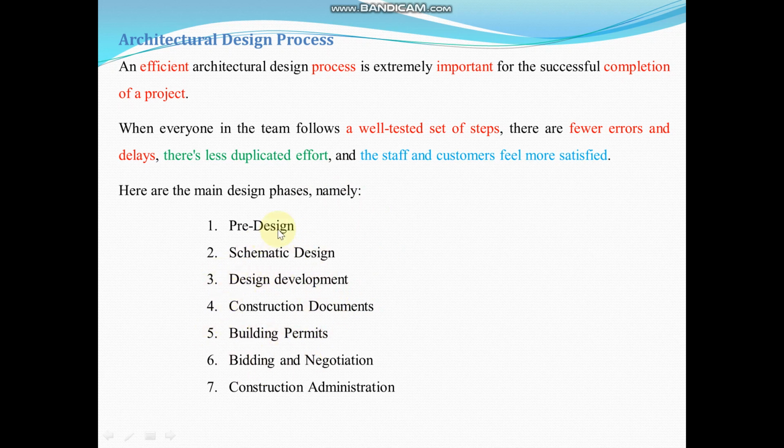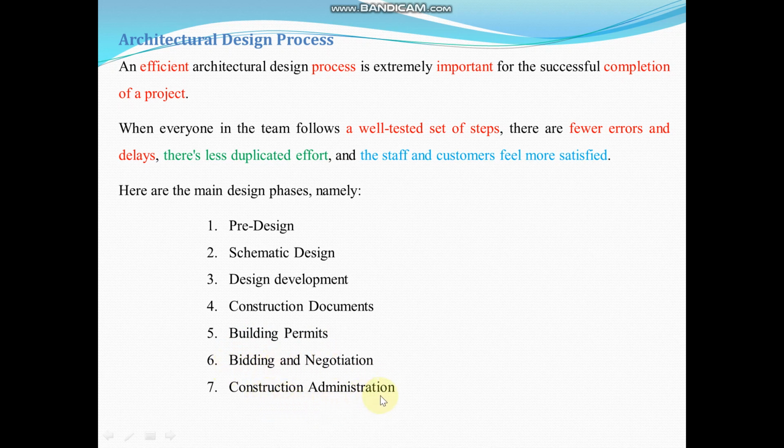Here are the main design phases, namely: 1. Pre-design, 2. Schematic design, 3. Design development, 4. Construction documents, 5. Building permit, 6. Bidding and negotiation, 7.